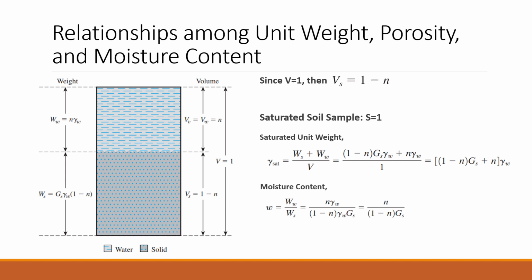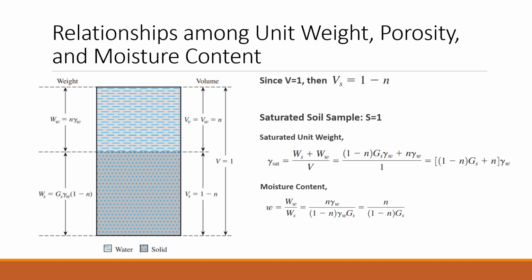And simplifying that, we will come up with the equation of our saturated unit weight equal to 1 minus n. Imo na siya i-multiply with the specific gravity, and then i-add nimo ang porosity i-times na din nimo ang unit weight sa water. So, moisture content this time will also change, and in terms of porosity in the equation.